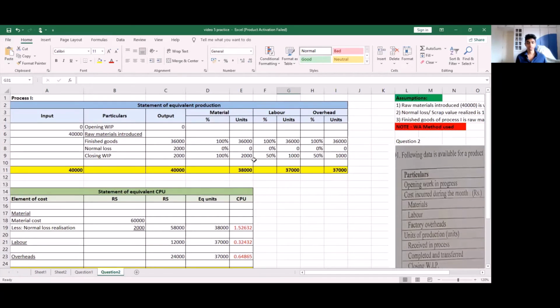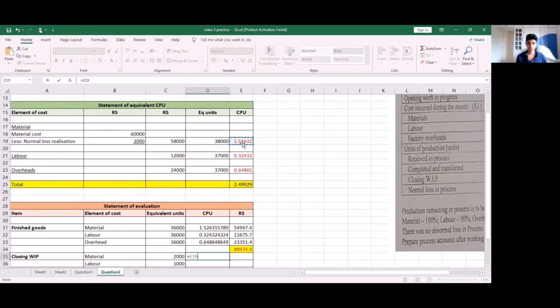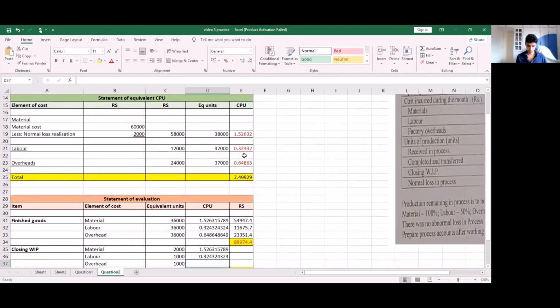Next, for our closing work in progress, for equivalent units, we go to our statement of equivalent production, where we know that our equivalent units are 2,000, 1,000, and 1,000 for materials, labor, and overheads respectively. So we have 2,000, 1,000, and 1,000. The cost per unit will remain the same from our statement of equivalent cost per unit.